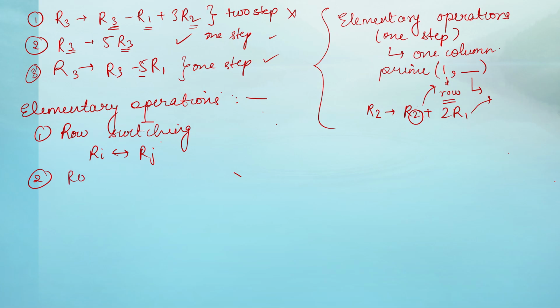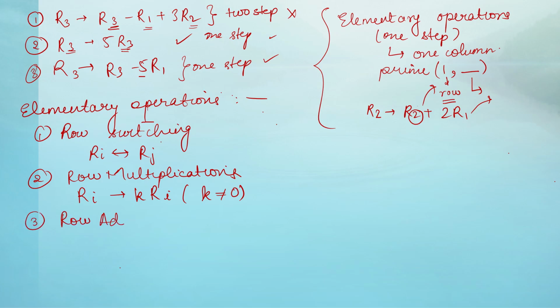Second, we saw row multiplication, where we multiply by a scalar, like in the second example: Ri gives k times Ri, where k is a non-zero scalar. Similarly, you have row addition: Ri gives Ri plus k times Rj. Now, these are the elementary operations.